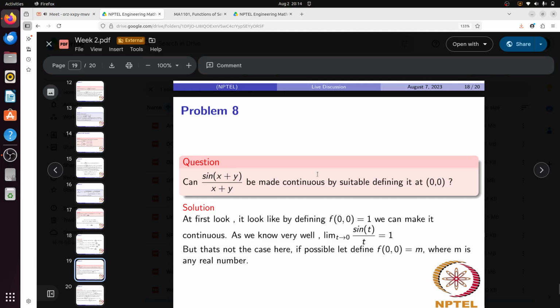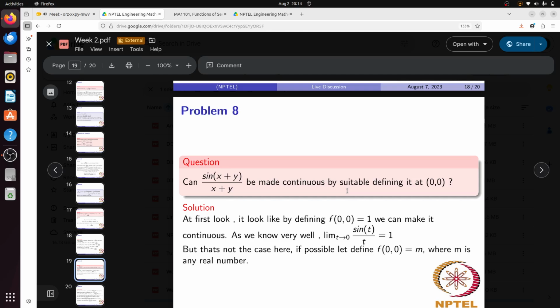This cannot be made continuous by defining it at (0,0), because the problem is on the line x plus y equal to 0. If we suitably define it on this line, then we can make this function continuous. Is it clear? So can sin(x plus y) by (x plus y) be made continuous by suitably defining it at (0,0)? So the answer is no.